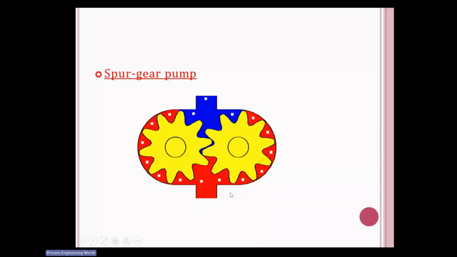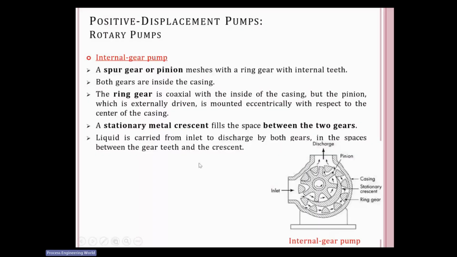You will see that the solid gets deposited, and then the cleaning and maintenance work of these gear pumps is quite risky. So you have this design where the solid will only be deposited on the ring gear side.